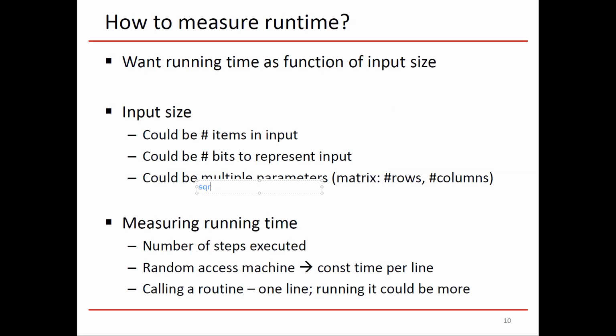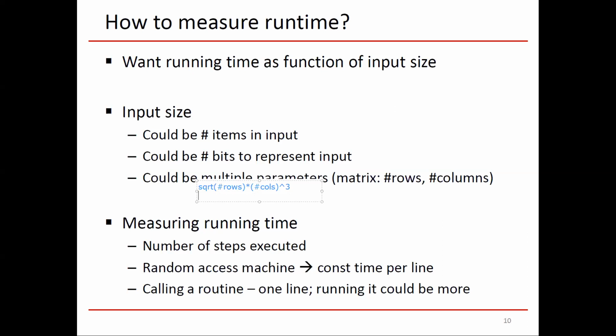Suppose that you have square root of the number of rows times the number of columns to the power of 3, okay? So what matters here? What matters here is primarily the number of columns. Yes, if you have 100 million rows and you have only 10 columns, yeah, the rows are going to dominate.